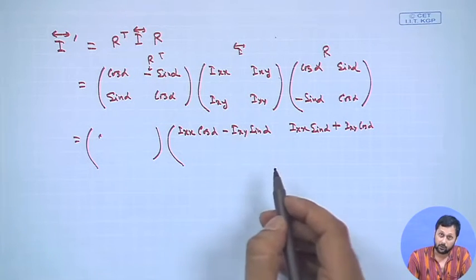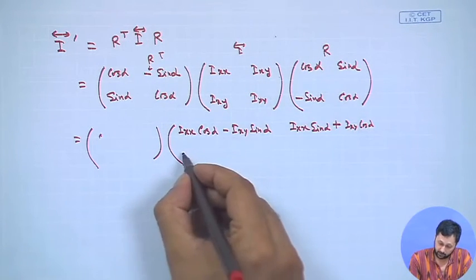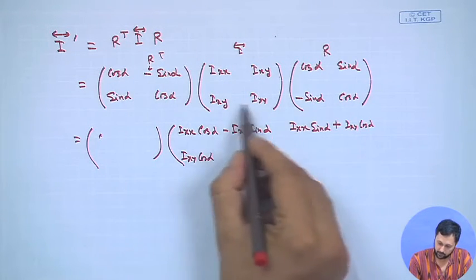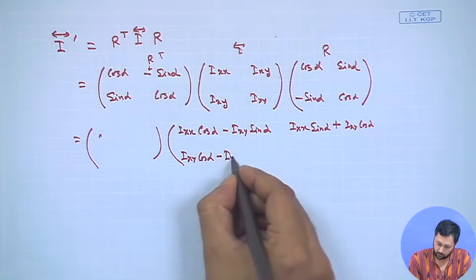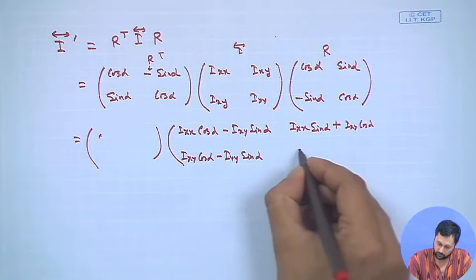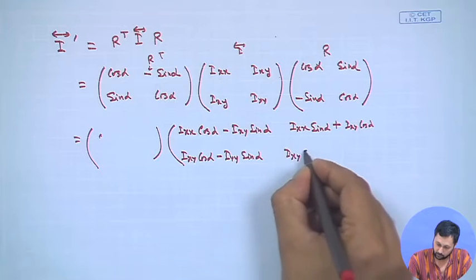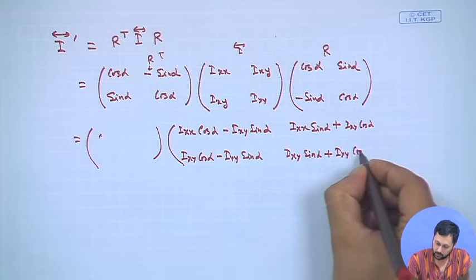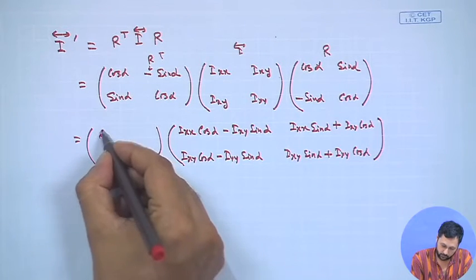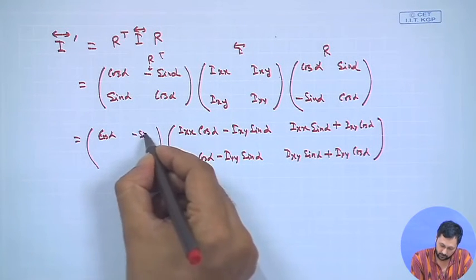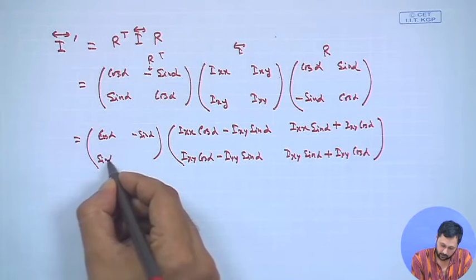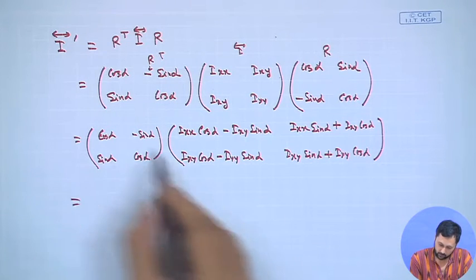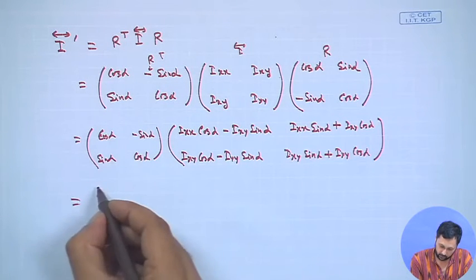You also do the calculation along with me, because I might make mistakes in the long calculation, so you should do the correct thing. Minus Iyy sin alpha and Ixy sin alpha plus Iyy cos alpha, and of course here we have cos alpha, minus sin alpha, and cos alpha. Okay.